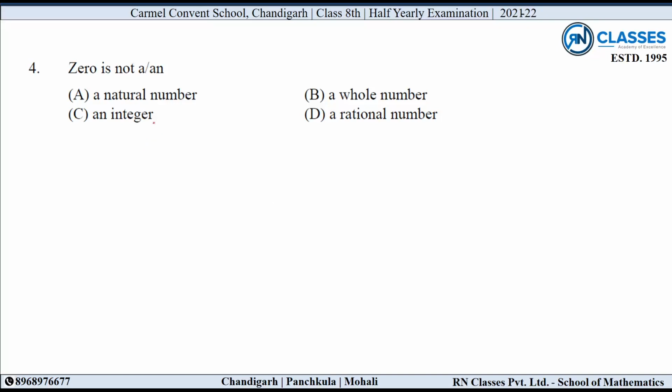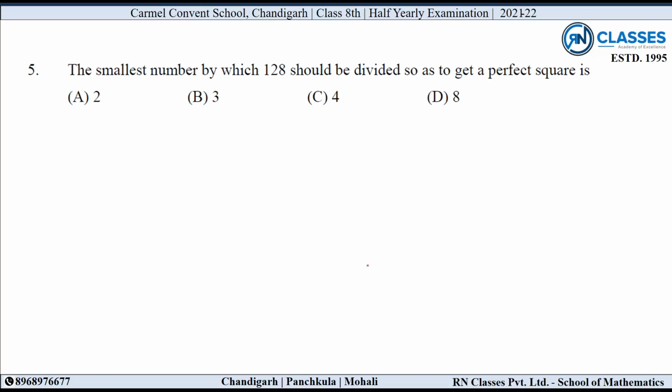Okay, next one. 0 is not a natural number, whole number, integer, or rational number. Of course, 0 doesn't come in natural numbers. 0 comes in whole numbers, integers and rational numbers. So not means natural number. Simple. 1 mark again with you.